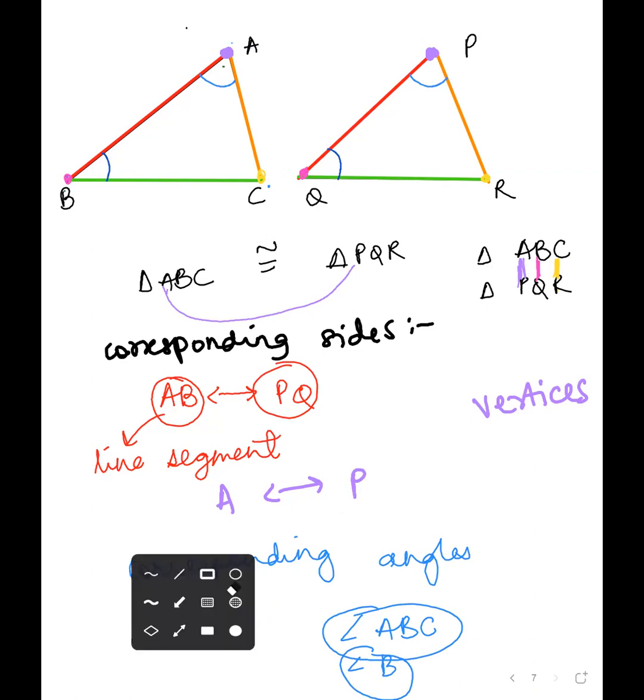Okay, understood. So angle AB is corresponding to PQ. Which angle is ABC? Is it the light blue one or the dark blue one? I don't know, because why are there only two? There are three angles, Hiba. How many angles are there in a triangle?